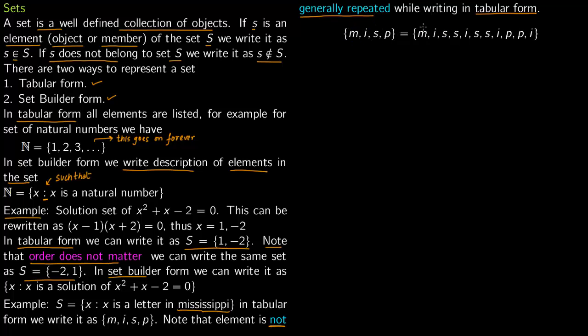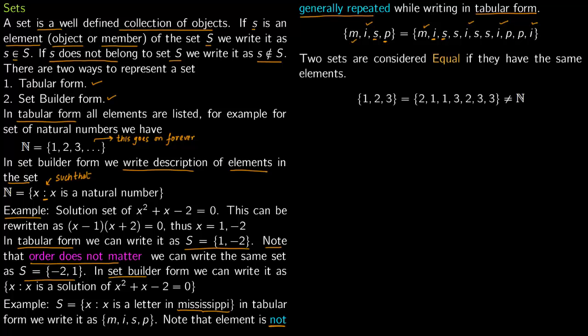So there is M here, you copy M, then you copy I, and you ignore the repetitions of I because you have already written I down. Then you write S, and ignore the S's which repeat. Then you write down P, and ignore the P's which repeat.